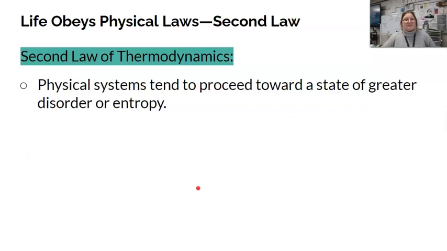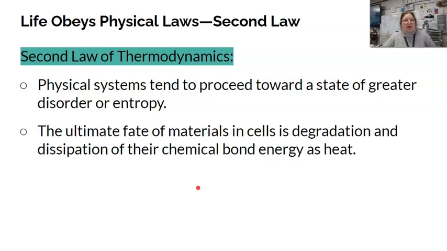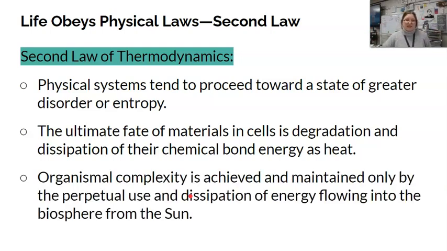The second law is that physical systems tend to proceed toward a state of greater disorder, or entropy. The ultimate fate of materials and cells is degradation and dissipation of their chemical bond energy as heat. So basically, things, even the organized cells that we have, eventually are going to break down and get to disorder.